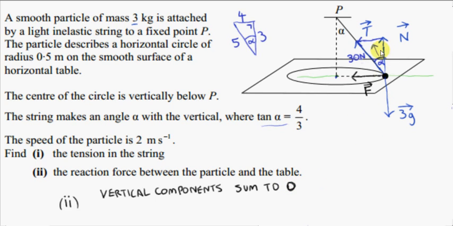So what's the vertical component of vector n? Well, that's just vector n itself. What's the vertical component of vector 3g? Well, that's just vector 3g itself. Now what about the vertical component of vector t? Well, we could just project the tip of t across here to the vertical. Now I've actually drawn this incorrectly. The tip of vector n is not actually here.